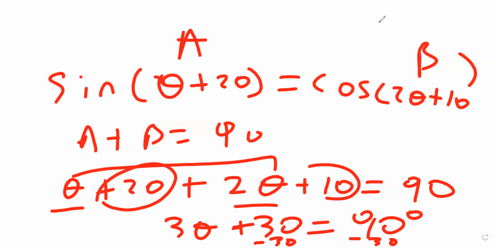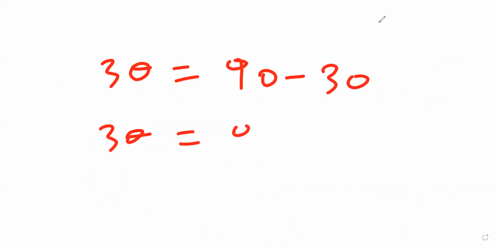So we get 3 theta is equal to 90 minus 30, which is 60 degrees.